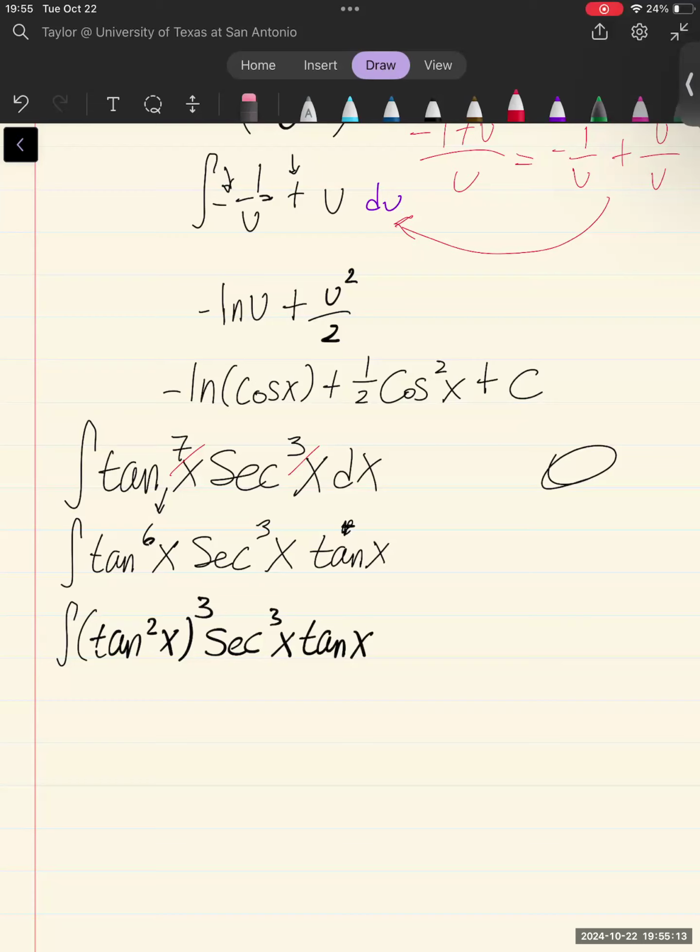Do we have an identity for this? I think so. Yes. Do you know what it is? Is it secant squared minus 1? Very nice.